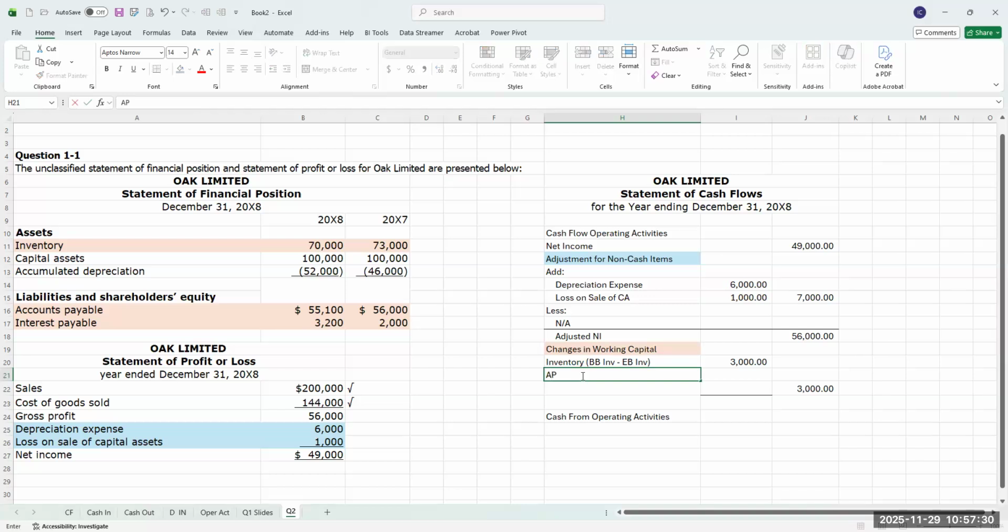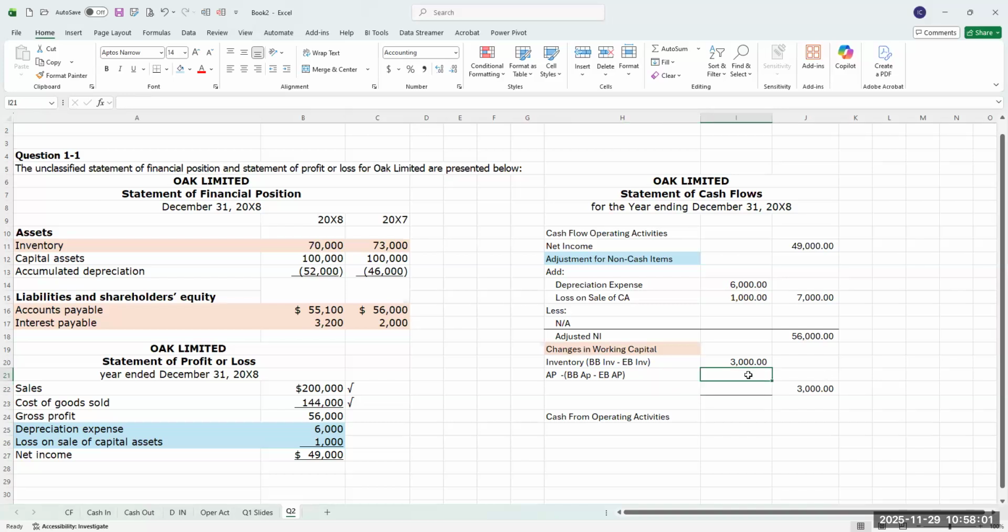Accounts payable is the first account, and what we're gonna do is a slight modification on the formula. We're gonna have minus bracket beginning balance of accounts payable minus the ending balance of accounts payable. And that minus in front of the bracket actually tells us that this is an outflow. Why? Because it's related to the liability.